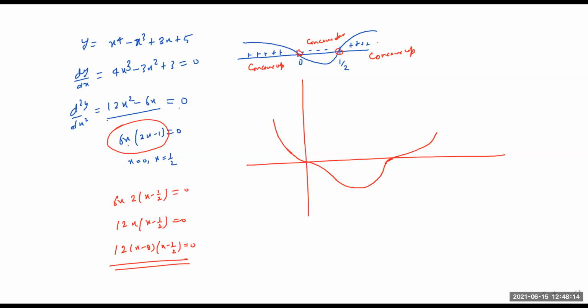So now x power 4 minus x cube plus 3x plus 5. All right, so let's see how it looks.